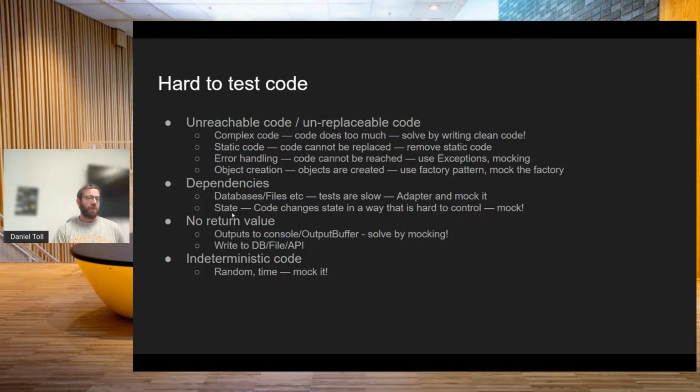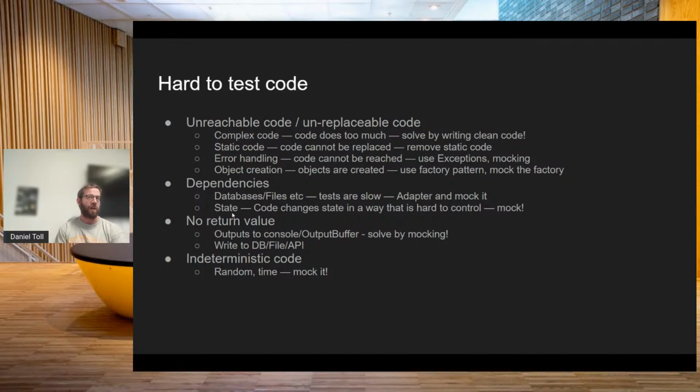If I don't have any return values, I'm just calling methods. Perhaps I'm just talking to an API. Perhaps I'm just writing things to the console, and I'm not returning anything. That becomes hard to test also, because I don't have any way of mocking it.